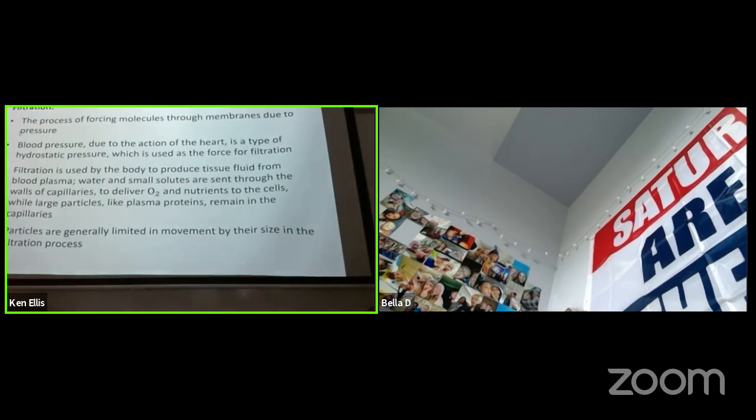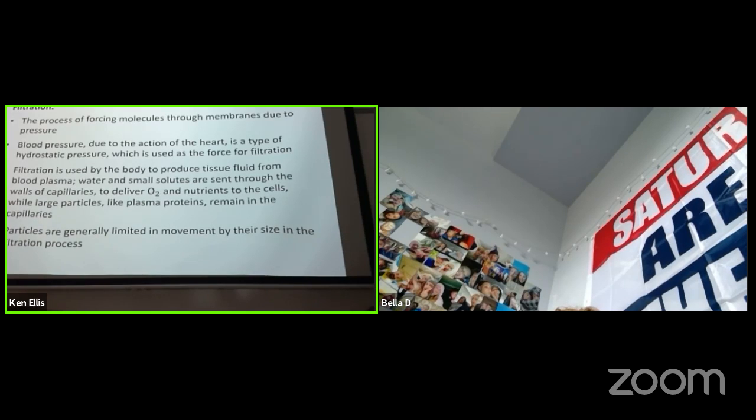All right, good. Filtration. We have water moving in and out of cells all over your body, but we also have certain places where we have filtration. Process of forcing molecules through membranes due to pressure.